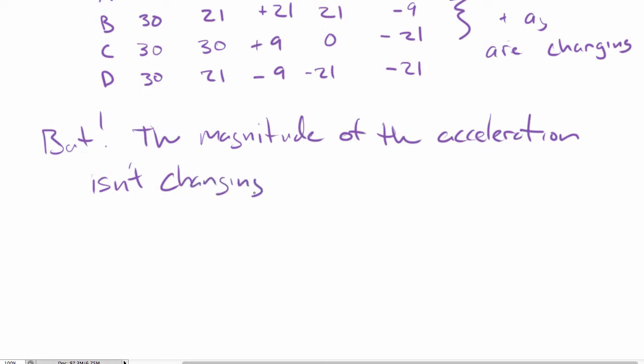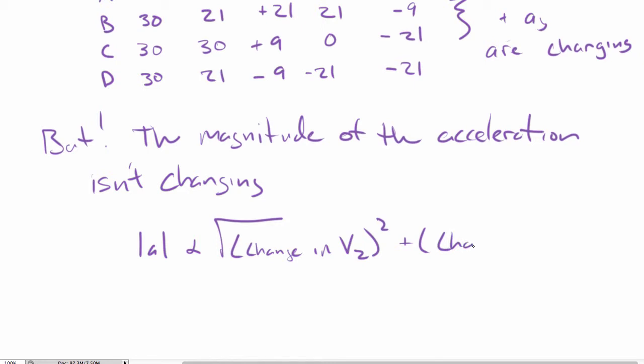That's why we like uniform circular motion, because the magnitude doesn't actually change. We're going to take just a few minutes to look at why that is. But really what I'm saying is that a is proportional, we know this already, to something like the square root of the change in Vx squared plus the change in Vy squared.